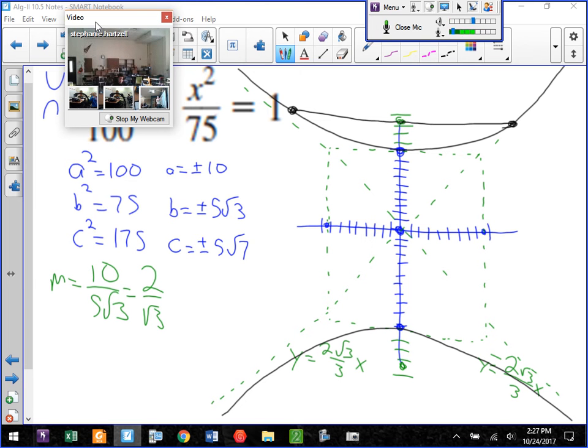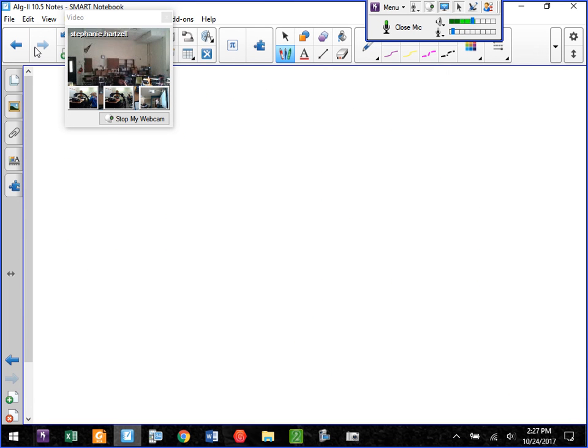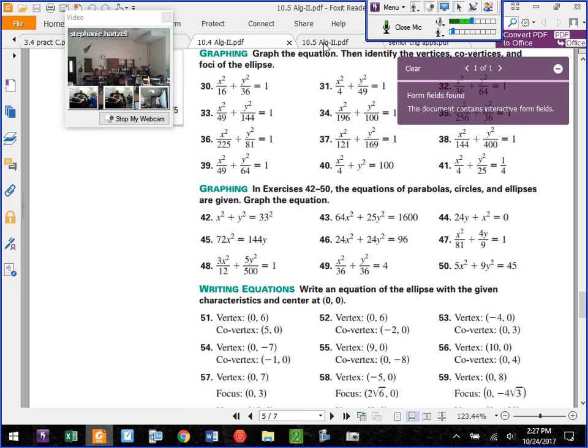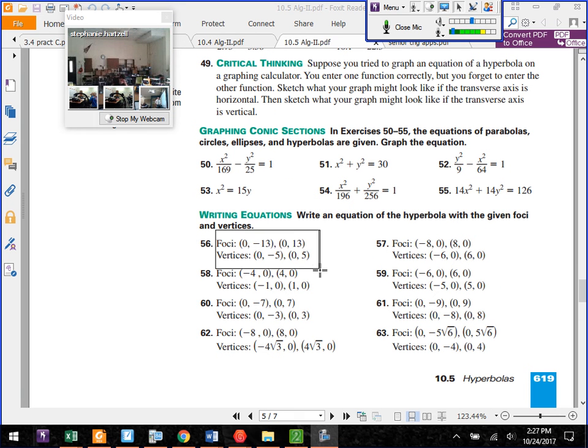The y value there was at what, 5 root 7? And if that's 5 root 7, where does it intersect that curve? You just substitute it in the equation. There's a shortcut way of doing it, I'll show you. Just like we did yesterday. We also talked about how do you write equations if you know.